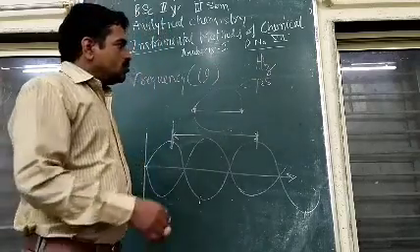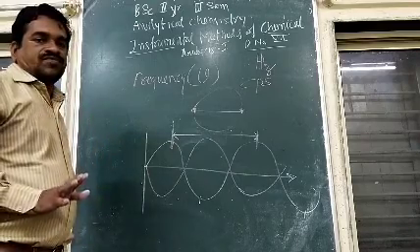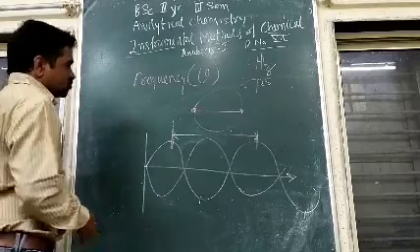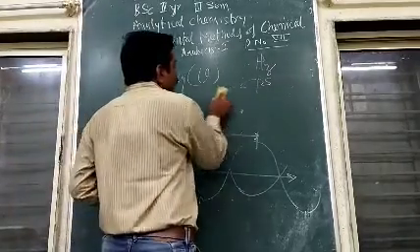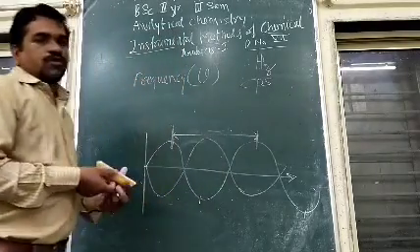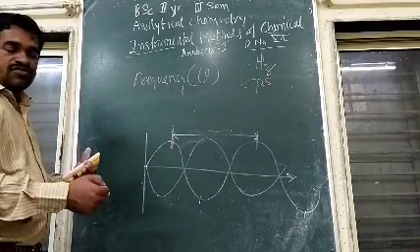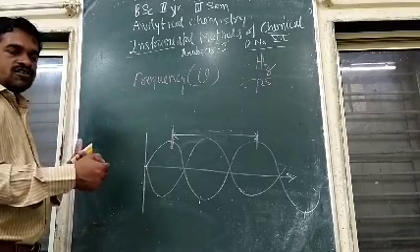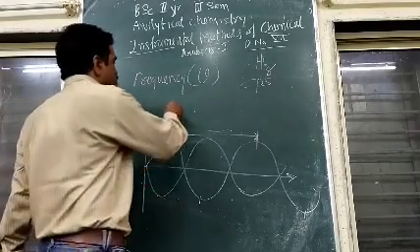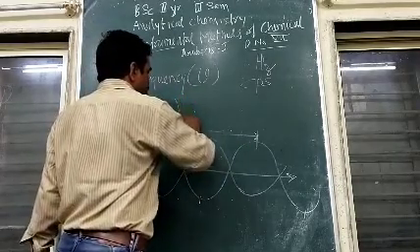Okay. Now we will see how wavelength is related to frequency. What is frequency? Number of waves passing through a point per second. And what is wavelength? Distance between two successive crests or two successive troughs, or two successive maxima or minima. For example, I will draw a wave here, like this.